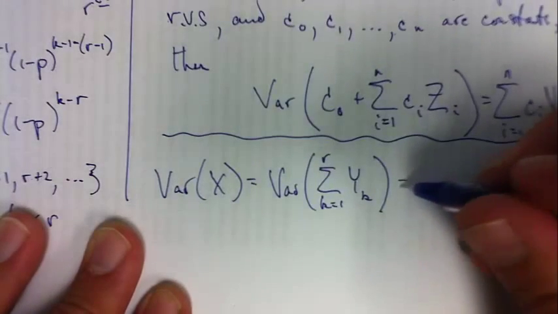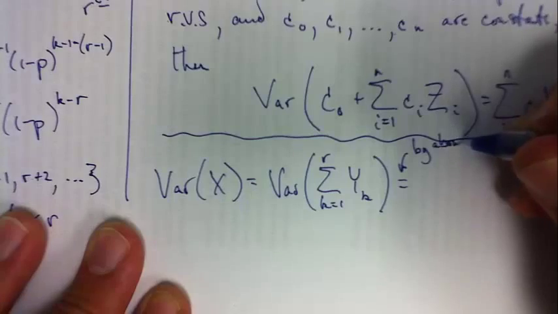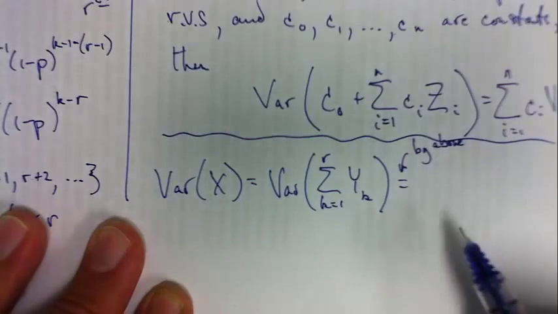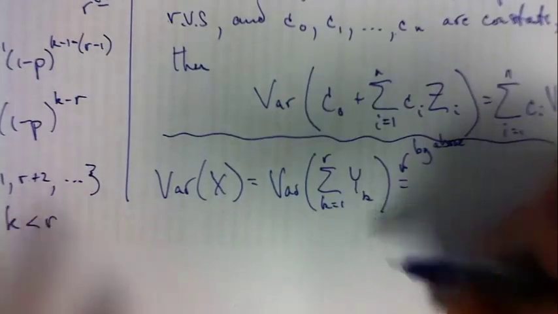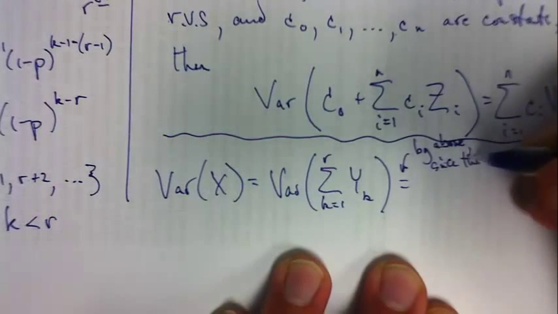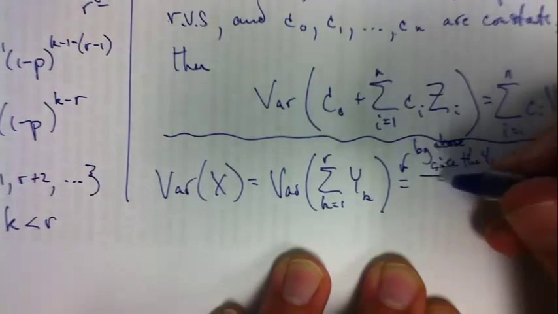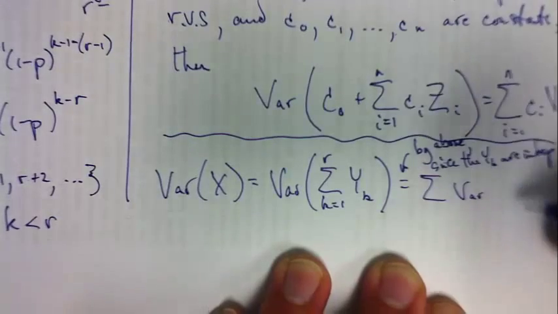Then by above, since the Yk are independent, this is the sum of the variances.